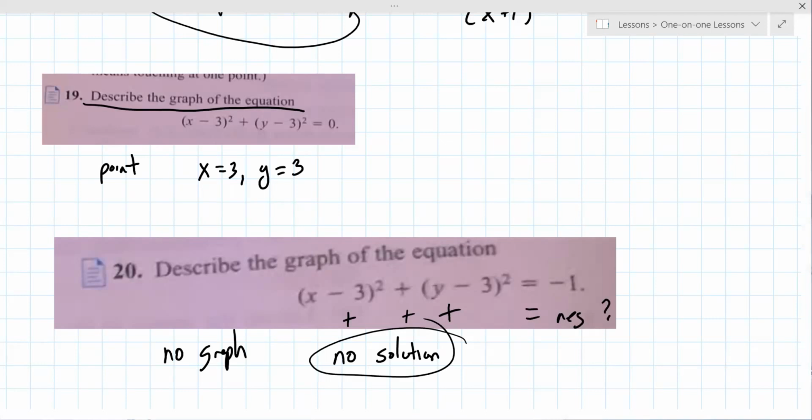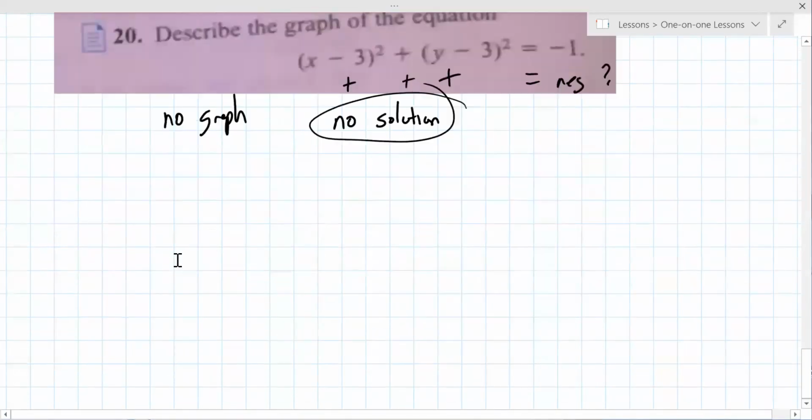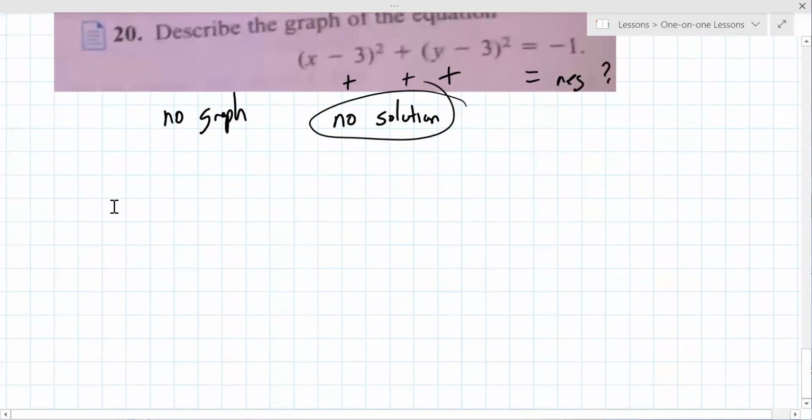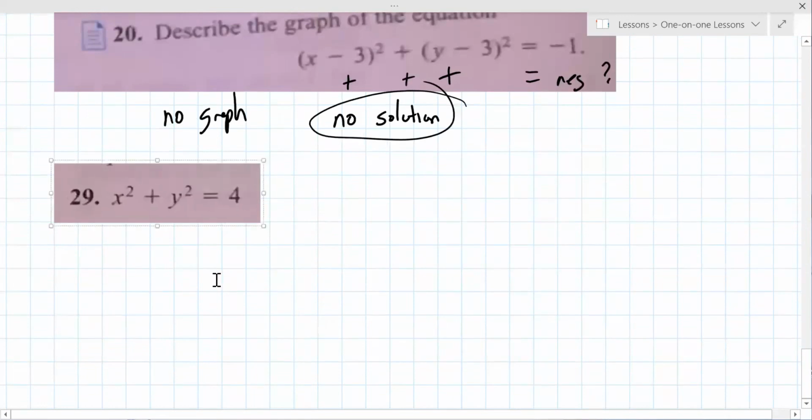On to number 29. 29 through 34, all. I would tell you to graph all of these in Desmos. I can graph them all for you, because they're not asking for any behavior. You wouldn't get a test question like this, because it would ask you for the features of the graph. So these are all circles also, by the way.